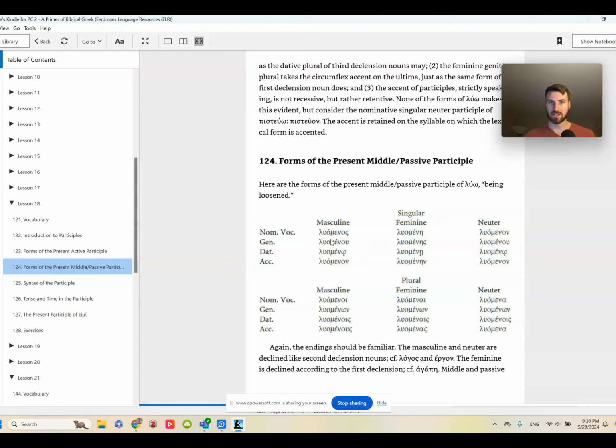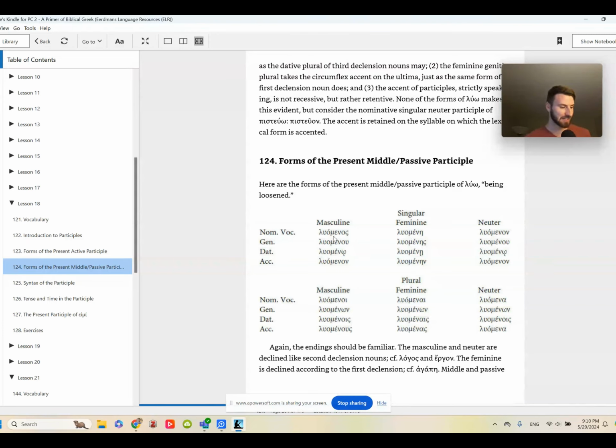Passive participles have men plus the second declension endings, so the same endings as like logos. And neuter has men as well and uses the second declension endings in the neuter, so the same endings as like ergon. Feminine still uses the first declension endings, and it also has men.